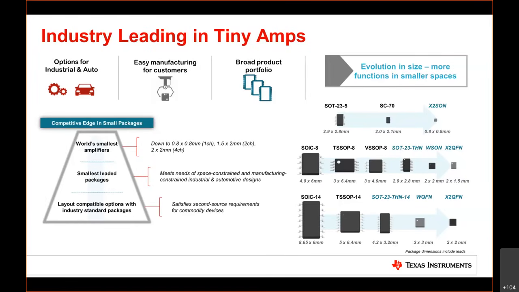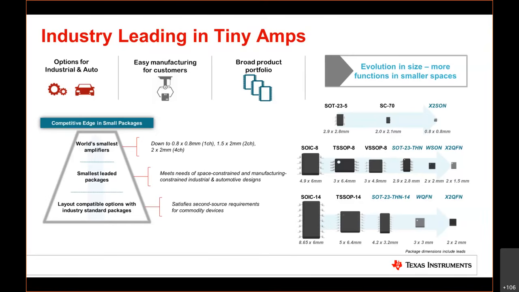For quad channels, you'll find SOIC-14 and TSSOP-14, the industry standards, but a brand new 14-pin SOT-23 with smaller dimensions, as well as, for leadless projects, WQFN 3x3mm and X2QFN 2x2mm, which is the industry's smallest quad channel amplifier.